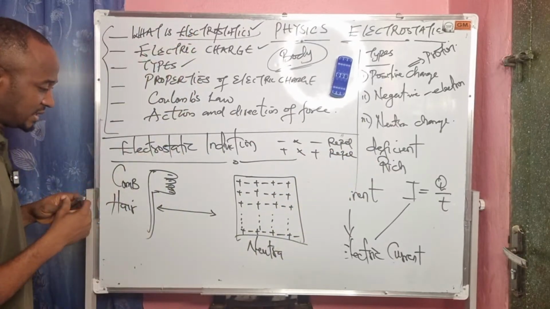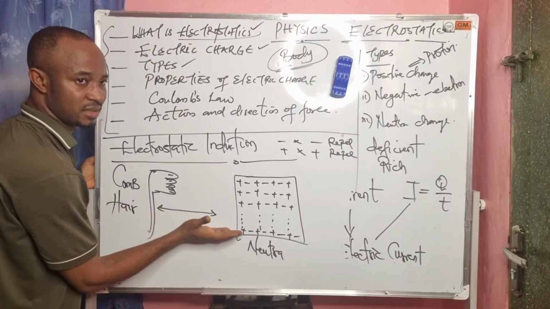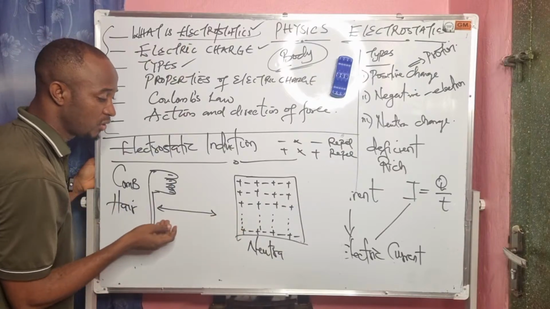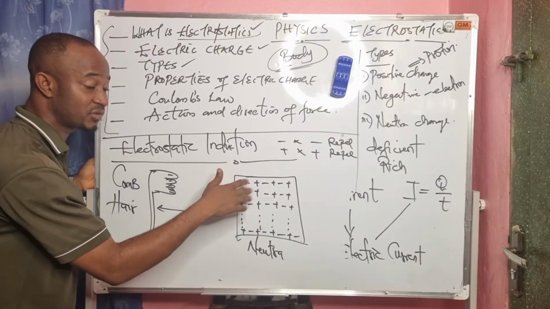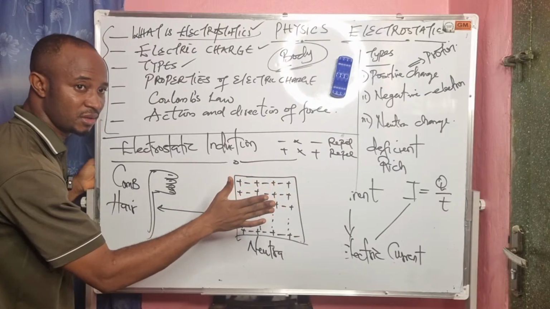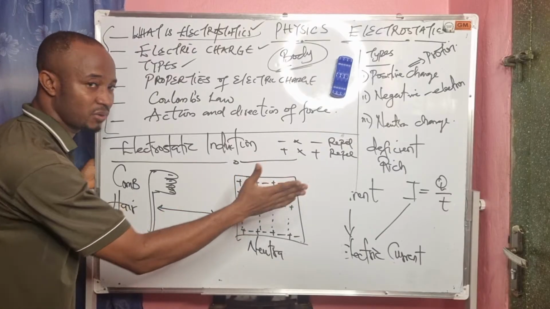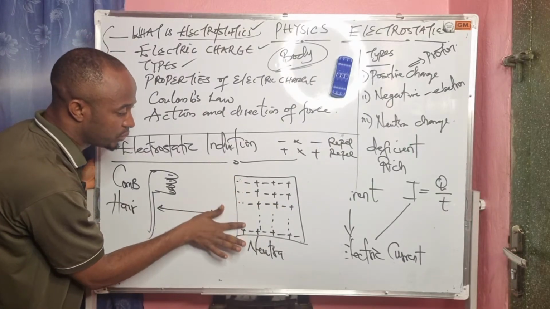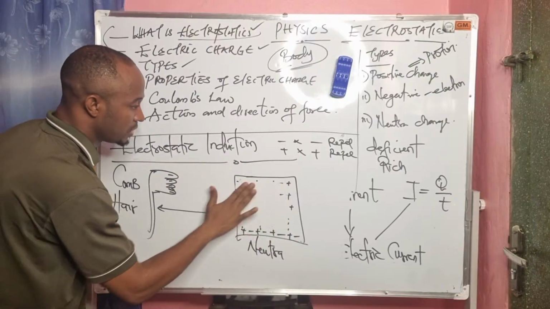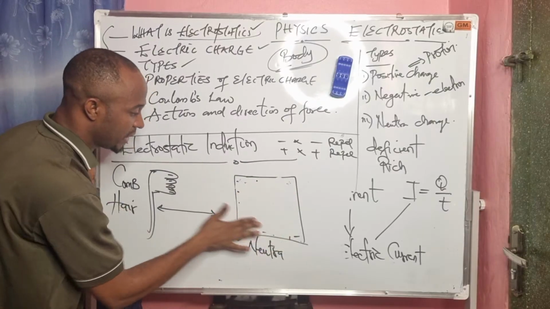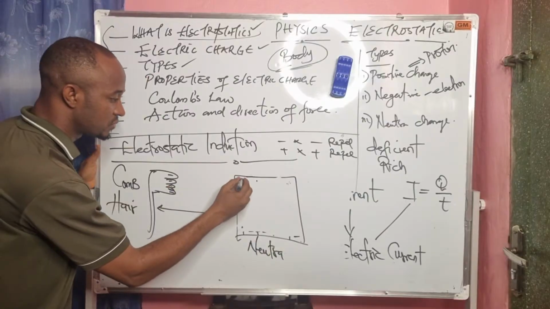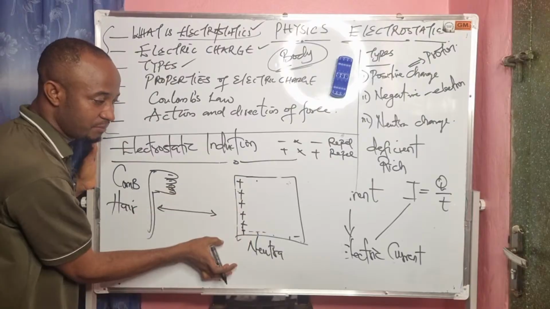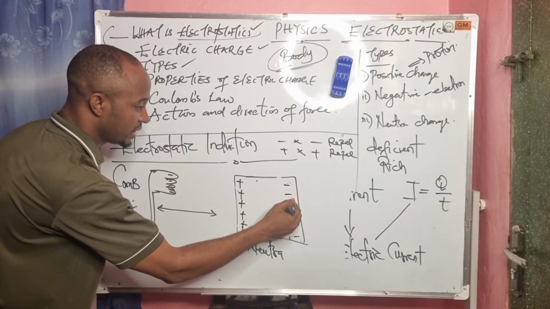So as you are bringing this comb closer to this piece of paper, the more you bring them closer, the more the electrons are being knocked off, meaning that the electrons here will repel. Do you get the concept now? Now when the electrons repel, only the protons will be found somewhere close to the edge of the paper. The electrons will be somewhere here.